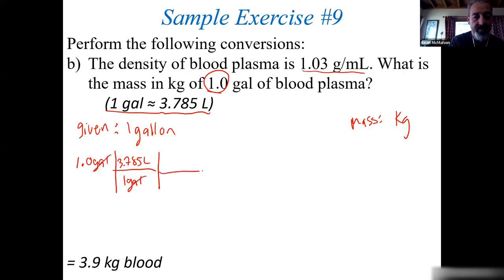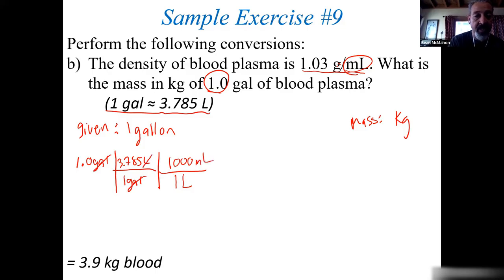Gallons cancel. Then I need to get to milliliter. Why do I need to get to milliliter? Because that's what my density is in, and the density will give me grams. So in 1 liter, there's 1,000 milliliters.